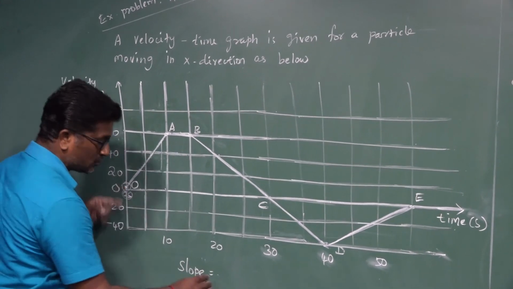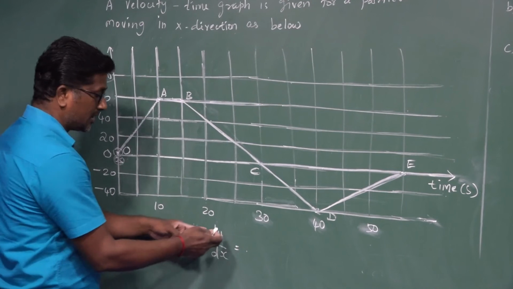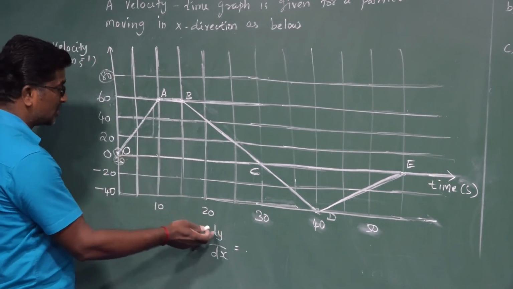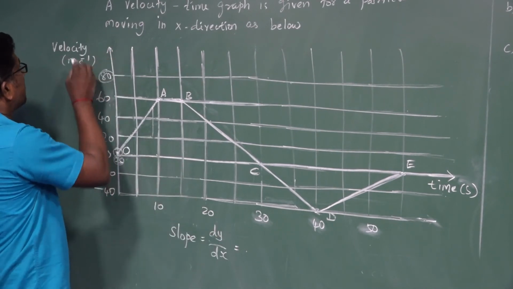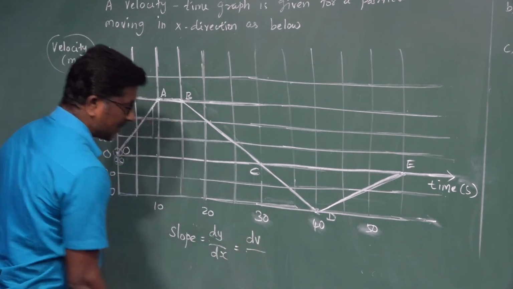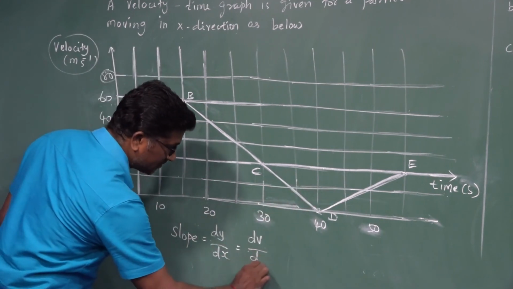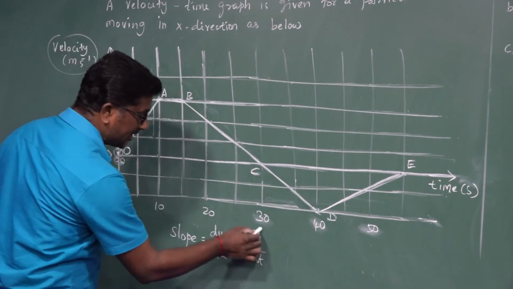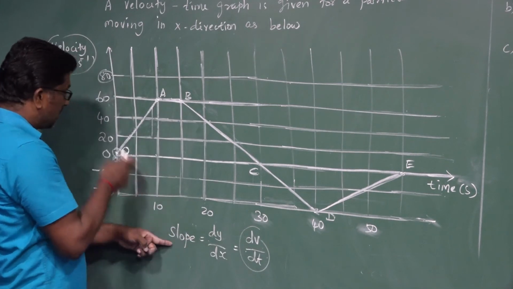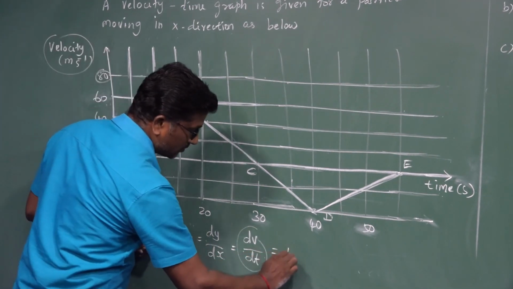Slope is nothing but dy divided by dx. Here the quantity taken on the y-axis is velocity, so dv, and along the x-axis is time, so dt. Here dv divided by dt is the slope from O to A, and the slope value is positive.